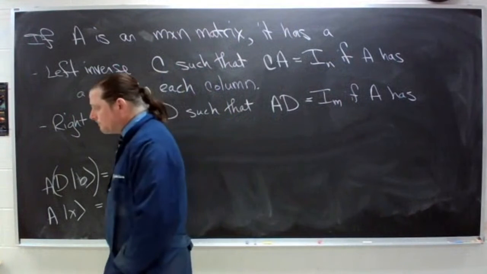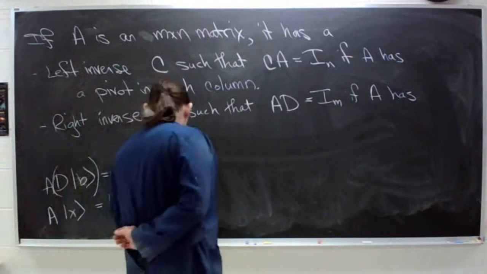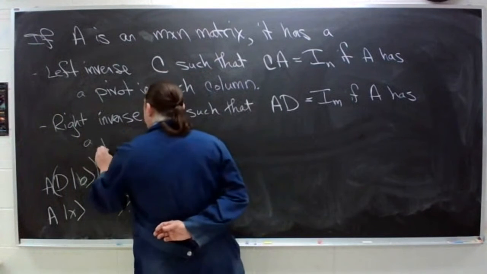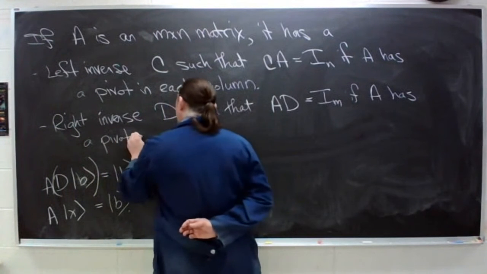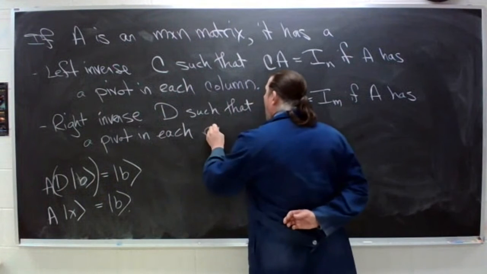Since it's not possible for that system to be inconsistent, A must have a pivot in each row.